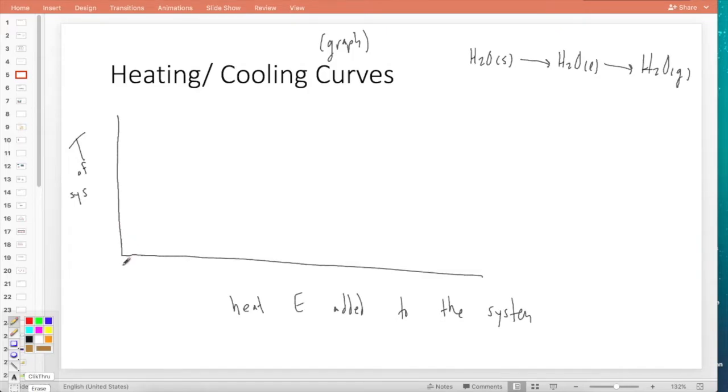So I'm going to start at a very low temperature. And as I add heat, what's going to happen to the temperature? Well, very clearly it's going to rise. At some point, I'm going to reach a magical temperature, which is 0 degrees Celsius. And hopefully you can tell me what happens at 0 degrees Celsius. Can you tell me?